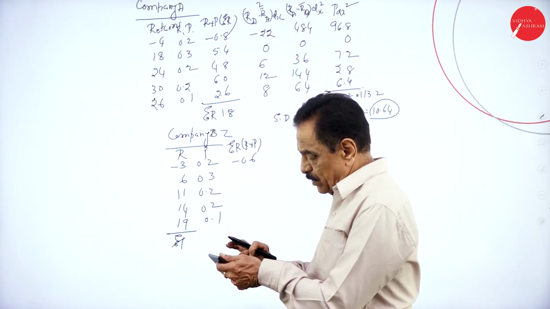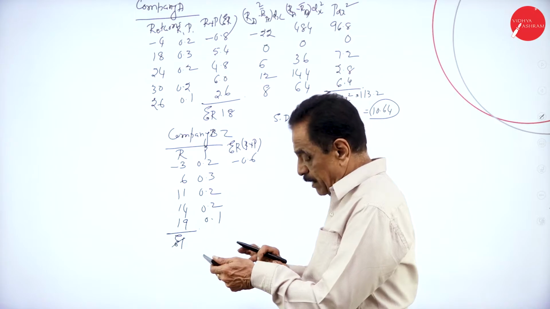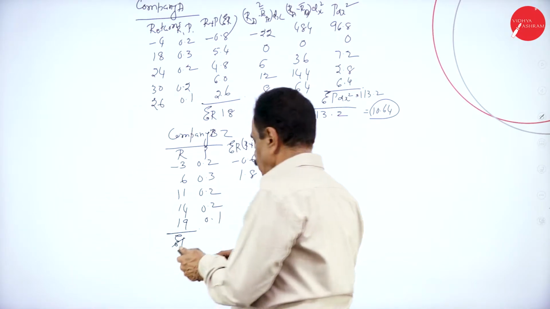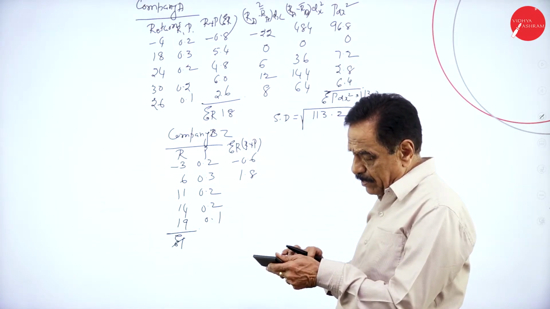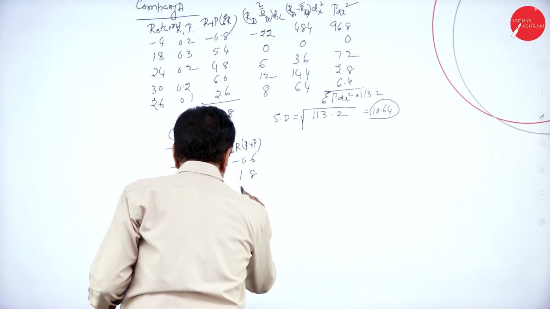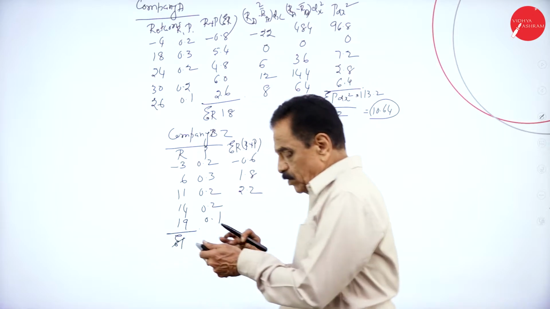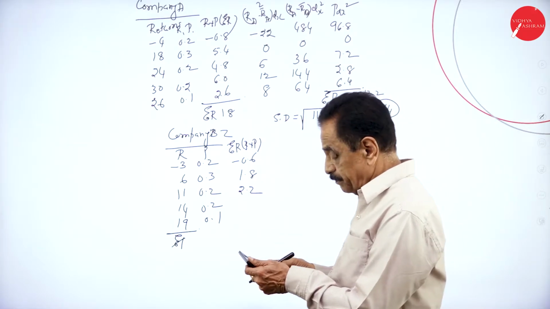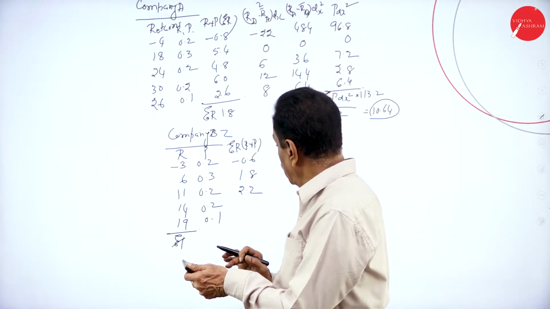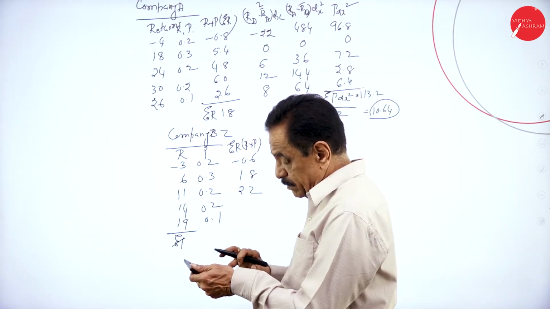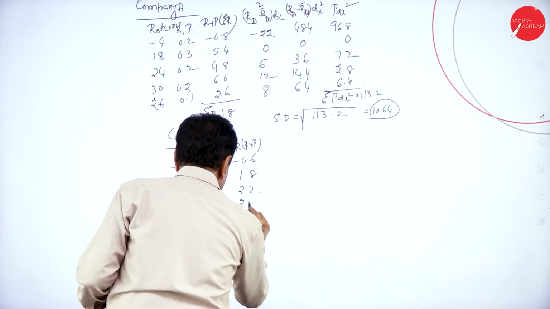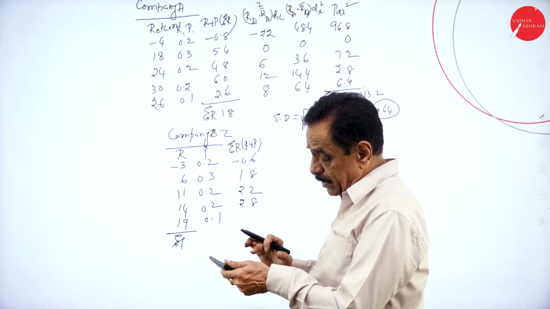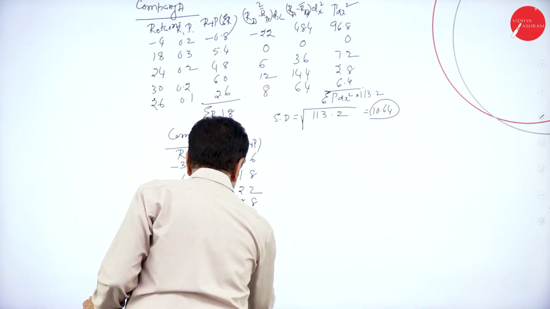So then 6 into 0.3, 1.8. 11 into 0.2, 2.2. 14 into 0.2, 2.8. 19 into 0.1 is 1.9.